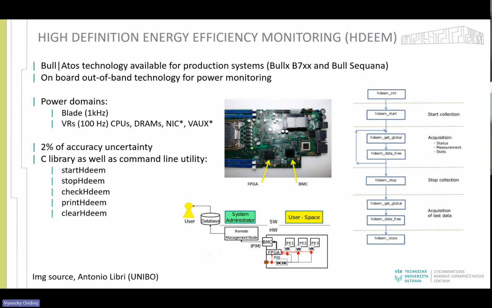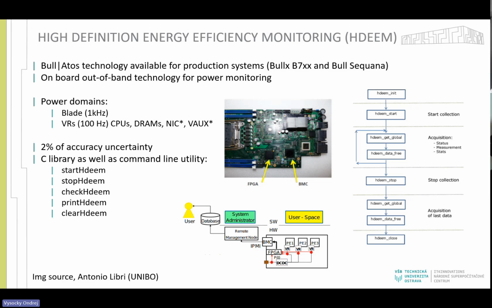For example, IT4I has one of these Cascade Lake based systems, where there's really a hardware solution that samples 1,000 power samples of the whole blade per second and stores them in its internal memory.